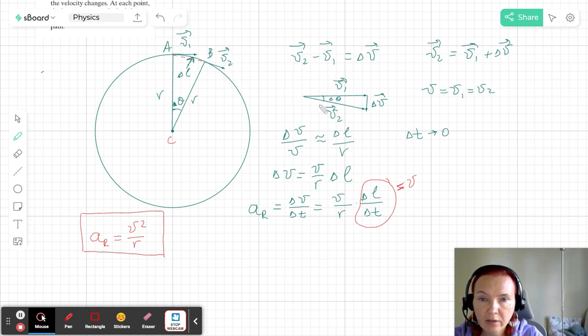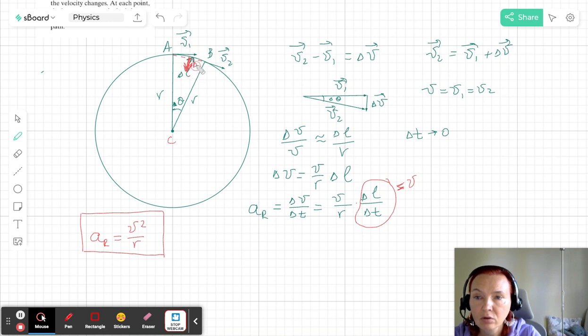Let's take a look back at this diagram, where we drew V1 and V2 and our vector delta V. If I were to redraw it on this diagram, when they're very, very close, then delta V overlaps with my delta L. So that vector is going to be pointing towards the center of the circle, right? Those two are nearly parallel, and delta V is pointing this way.